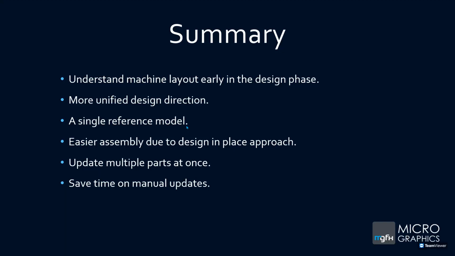Once you start putting those sketches and solids together for that layout, you start to understand the machine. In the case of this design, that CNC router, you start to understand how the position of the gantry, or the width of the gantry, affects the travel of the machine, the position of the bearings. You start to get an idea of how everything fits together.